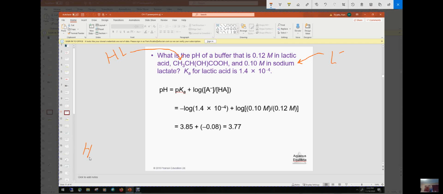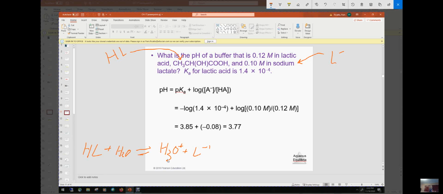Lactic acid, HL, plus water, it's a weak acid. We know that because look at its Ka, how small it is. Okay, weak acid to make hydronium and L minus.